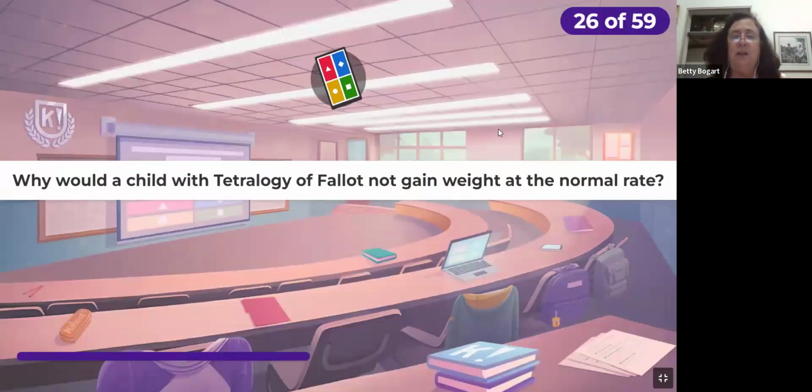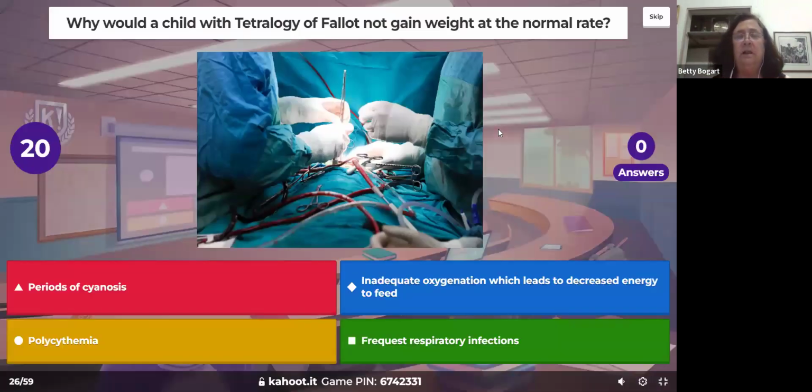Why would a child with tetralogy of Fallot not gain weight at a normal rate? Again, this is a cyanotic heart disease. This is the one that you will see on HESI and NCLEX, tetralogy of Fallot. Something you should read a little bit about, okay? It will come back. They don't talk about all of the other ones.